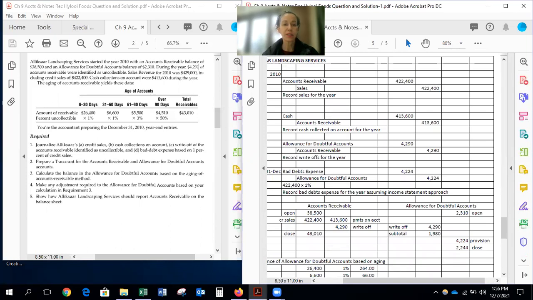So they give us some details. Balance of accounts receivable, balance for the allowance for doubtful accounts. During the year, we had some write-offs, okay, uncollectible amounts written off, and our sales revenue for the year, and our credit sales, as well as our cash collections. So first of all, it asks us to journalize the credit sales. So to journalize the credit sales, debit accounts receivable, credit sales.